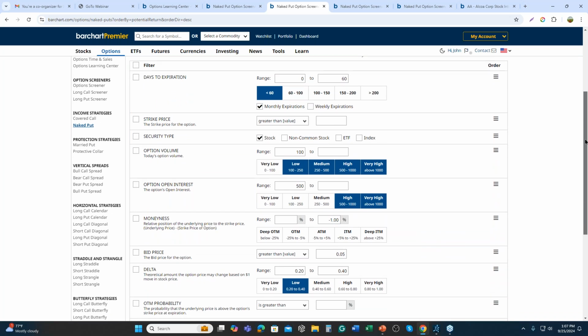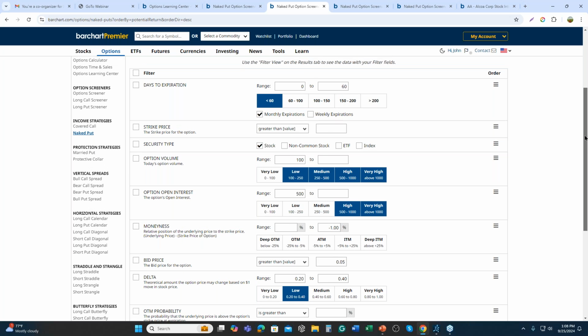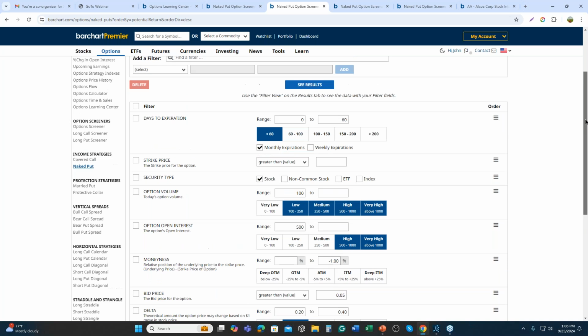Now, these are just jumping off points, and we'll look at how we can modify them, change them, or even add different filters. Some of these are intentionally left blank, where others are designed to narrow the field of candidates. A great example here is security type, where we're just screening on stocks. We could change this to just screen for ETFs.